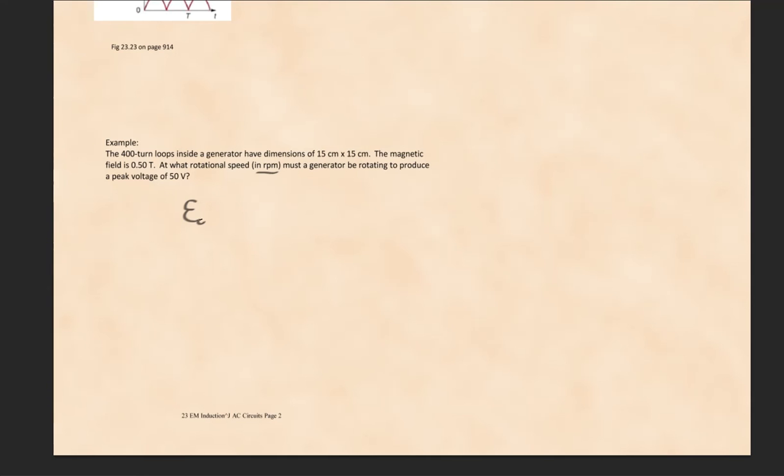Well, the peak voltage is just NAB omega. In this question, they want me to find the rotational speed, so I want to solve for omega. So omega is just the peak voltage over NAB. So peak voltage of 50 volts, 400 turns.